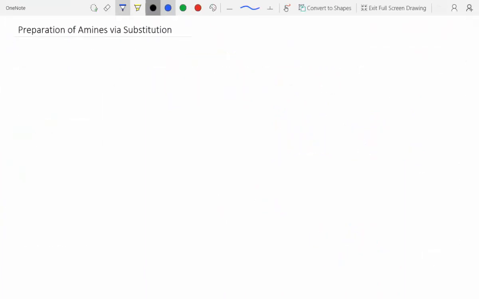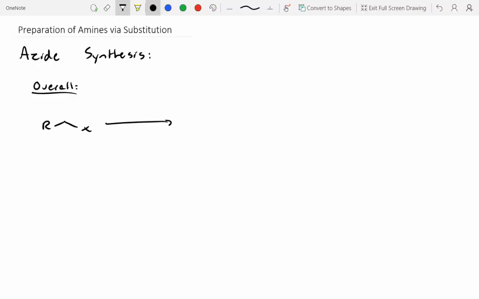The next reaction is called an azide synthesis. And the overall reaction uses something called sodium azide, where if you have an alkyl halide, you treat it with sodium azide, which is NaN3.